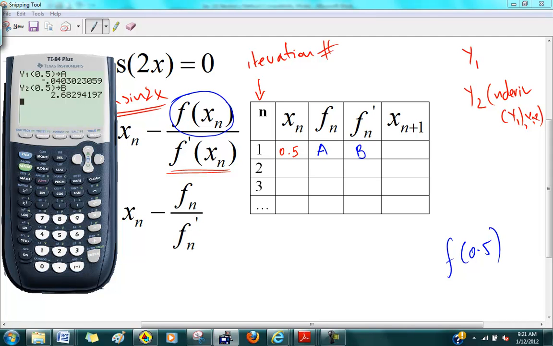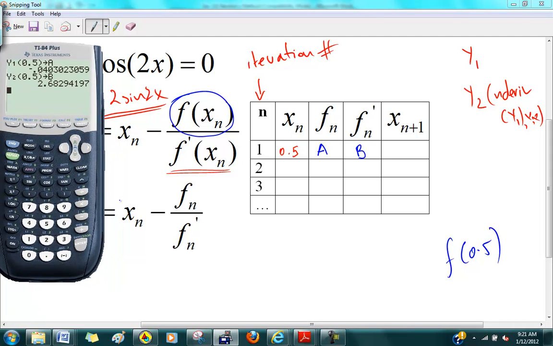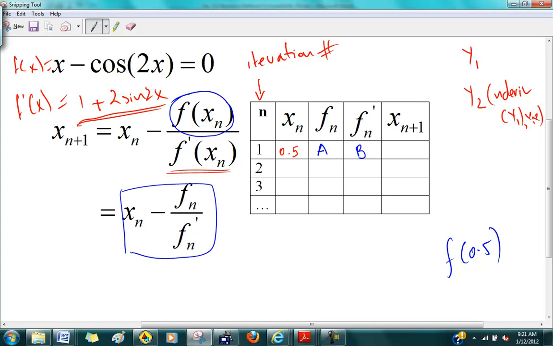Right? Now what you're going to do is this evaluation. For this particular line, it's going to turn out to be 0.5 minus A divided by B, and you're going to put all this in C. So let me show you what I mean.